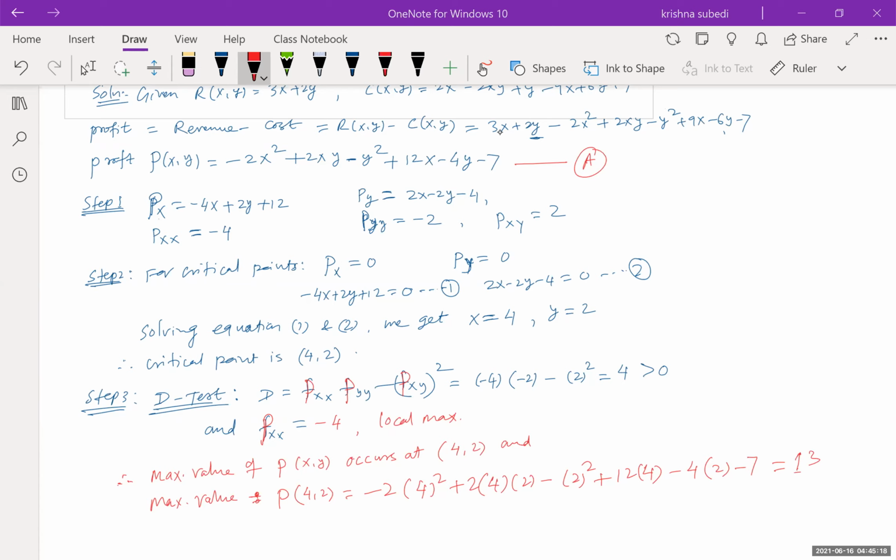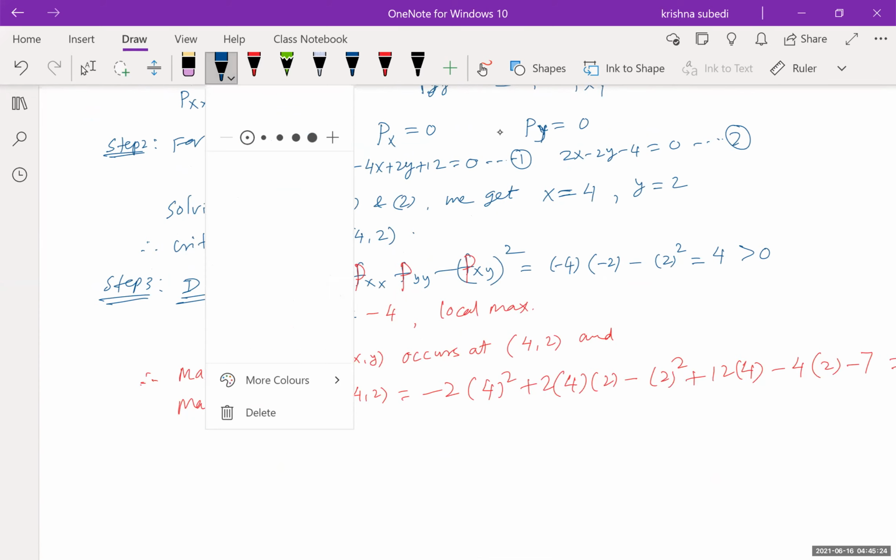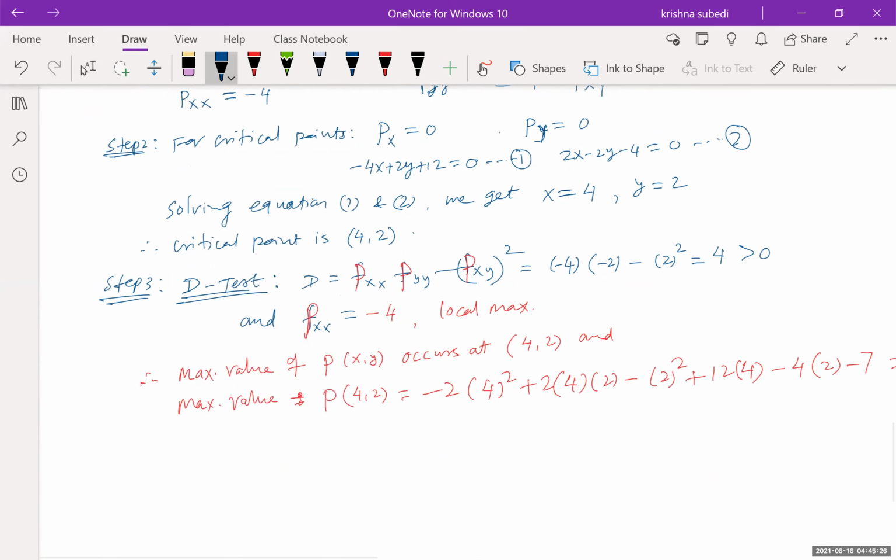Okay. All right. So mathematically, we are done. Because this question is actually a real world application, we need to answer this in a nice way. So 4 means x, and x is the $3 type ball.